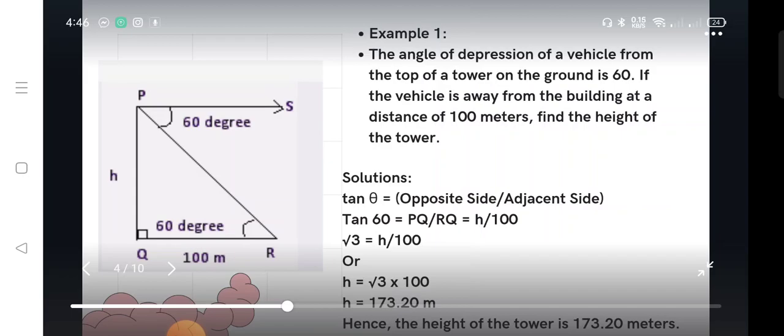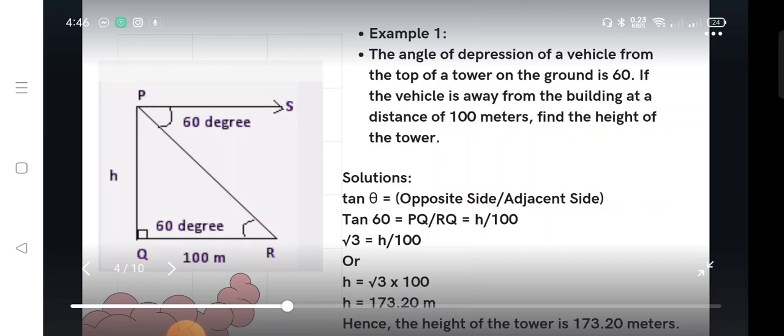So now, in right triangle PQR, QR is 100 meters, angle R is 60 degrees, and PQ is the height. Let angle R be equal to theta, the value of theta is 60 degrees.